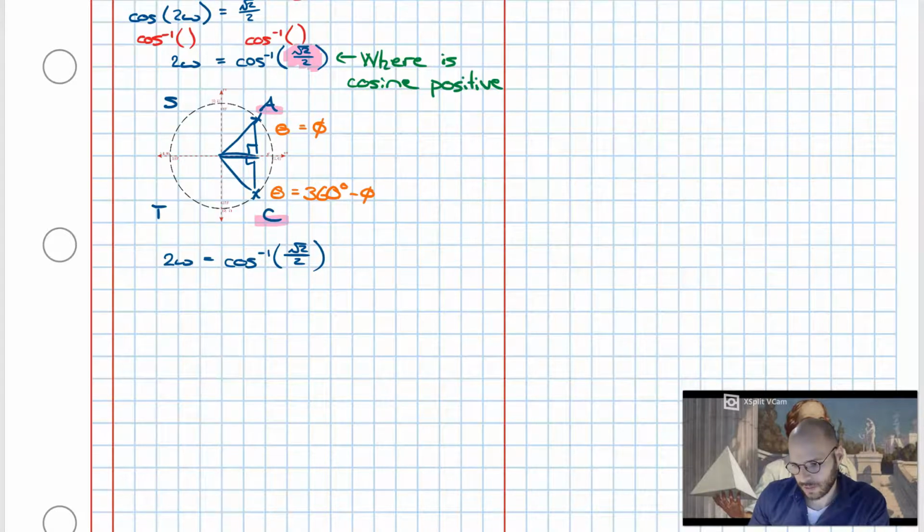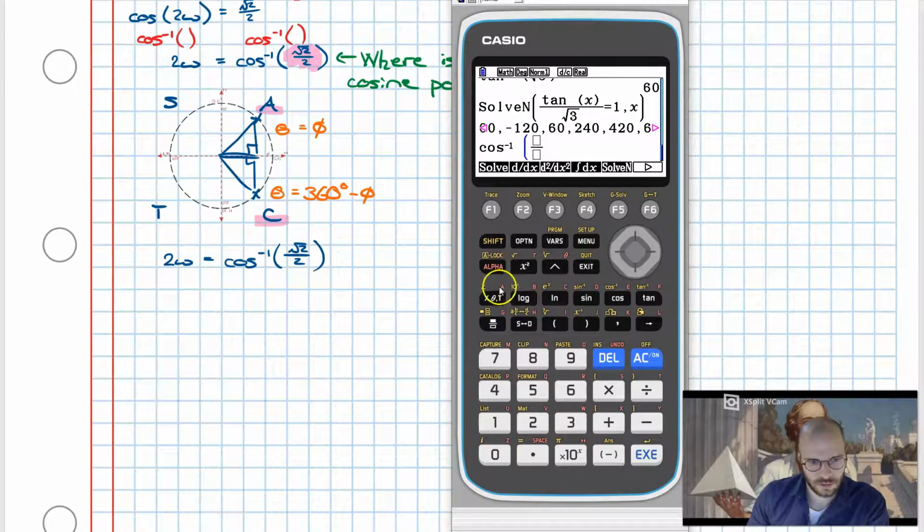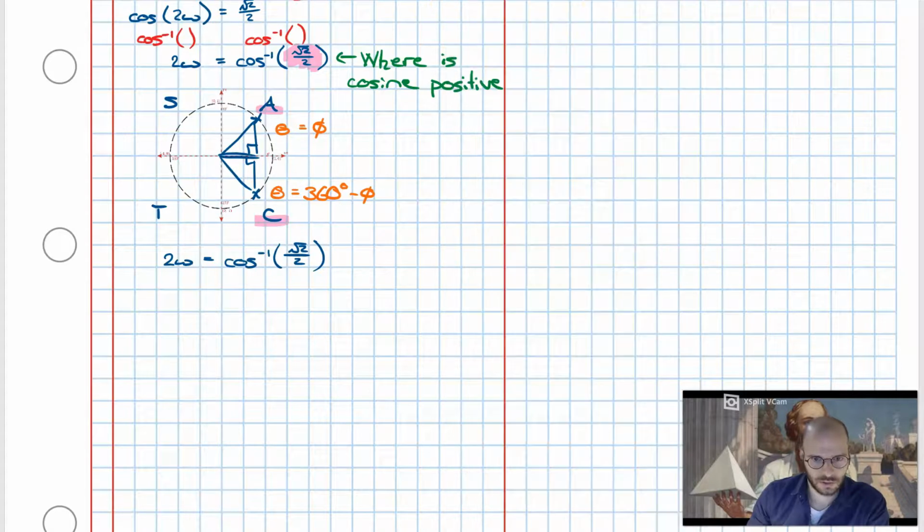Then bringing up the calculator, it's going to be shift cosine, then shift root 2 over 2. And we already know this is going to be 45, but just showing the steps. 2w is going to be 45 degrees. Now, we could halve both sides and we'd get 22.5. However, we're going to hold off from doing this step just for now.